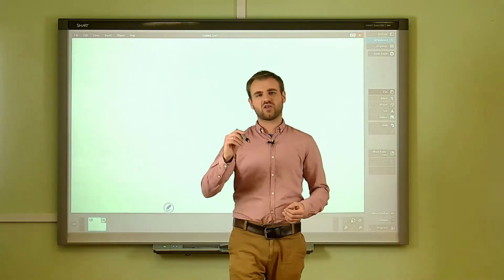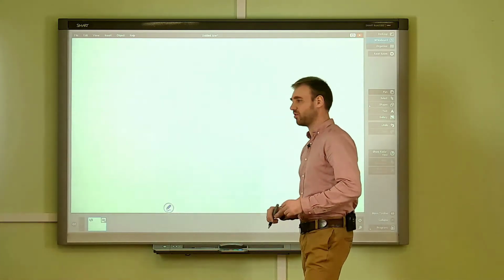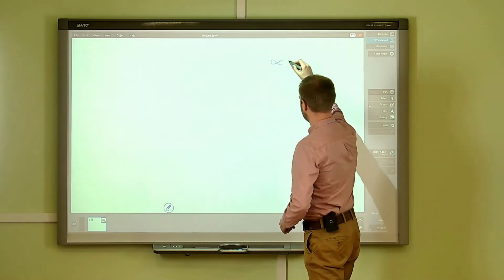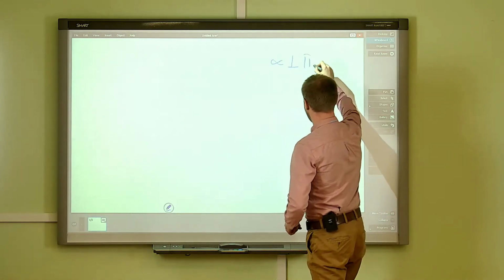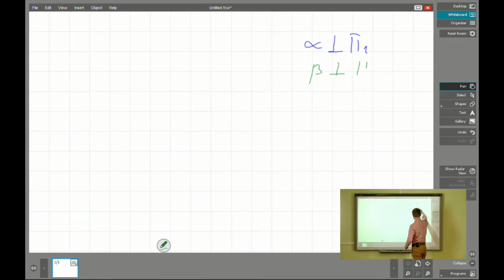It means that the projections of the edge plane are especially simple. Any plane which is perpendicular to P1 or any plane which is perpendicular to P2 is represented as only one line.